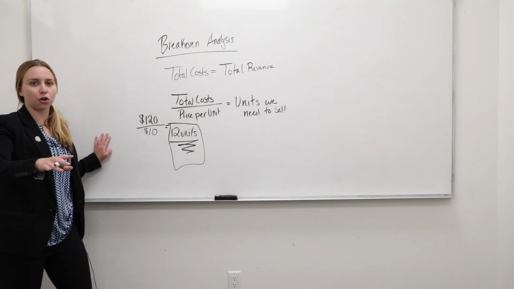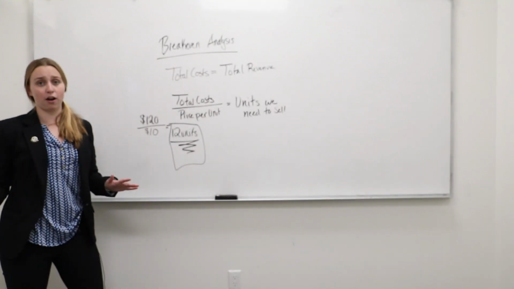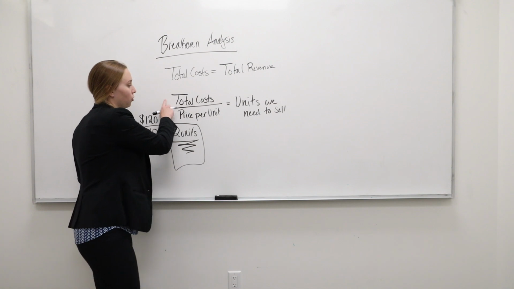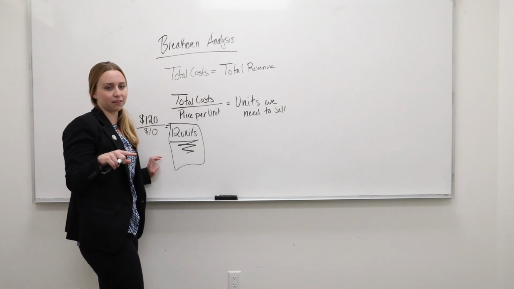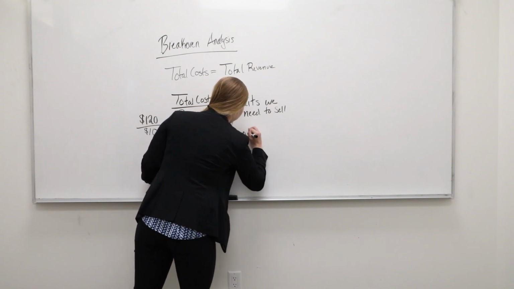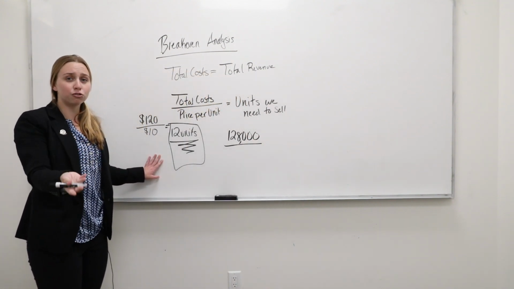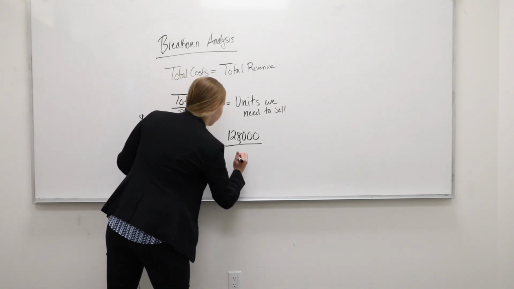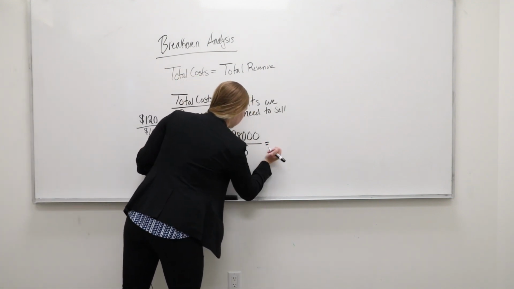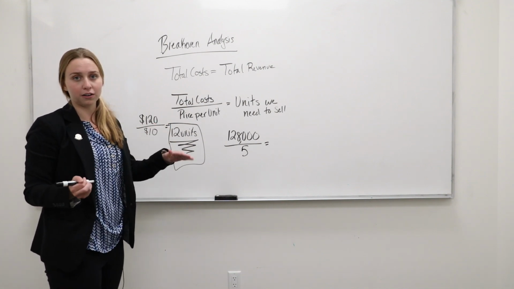So if we're looking at the Yotes Co example, and you should have that in front of you, we're going to take these numbers straight off the income statement. So for total costs, we're going to look at our total expenses line, and that's $128,000. I told you guys in the income statement that I'm selling for $5 a piece. We're going to take that $128,000 and divide it by 5.